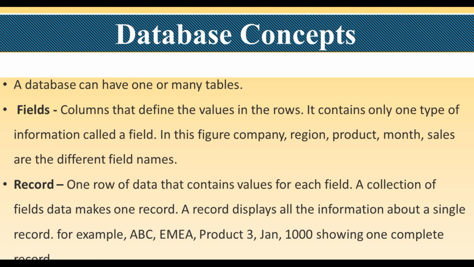Now we can consider a record. A record contains the value of each field, student. As I taught you what a field is, a record contains the values of every field.